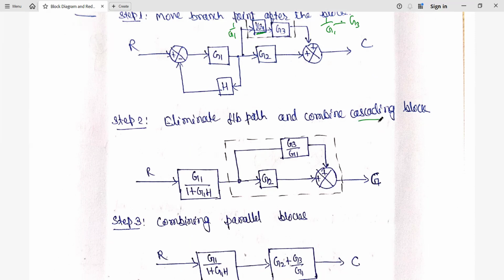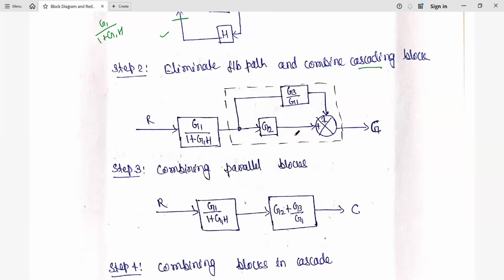Okay, cascading the blocks. At the same time we are going to eliminate the feedback path. The feedback here is negative feedback. So what will we write? G1 upon 1 plus G1 into H. So we are doing two things in the same step, elimination as well as combining. We have eliminated the feedback path and combined the cascading. So this is being done here.